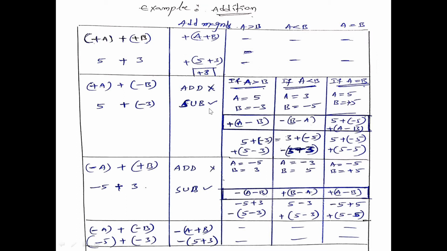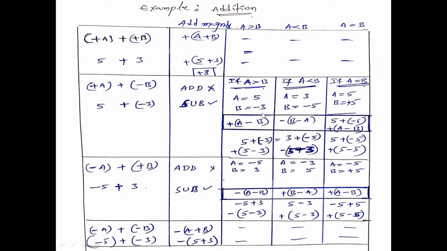Only subtraction is possible. In the subtraction column, the first case is A greater than B. For example, A is 5 and B we consider a negative number, so B is very less: minus 3 representation.